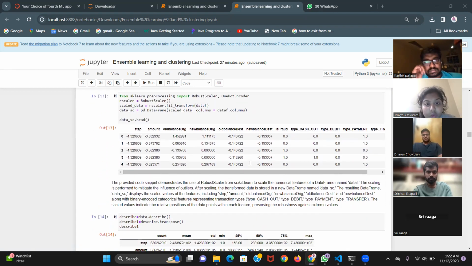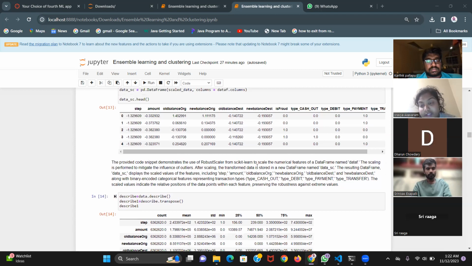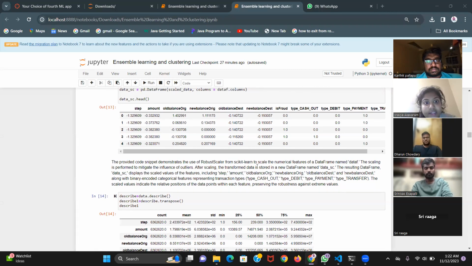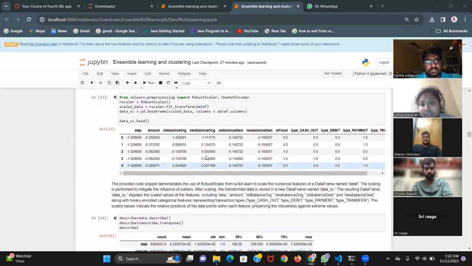The provided code demonstrates the use of RobustScaler from scikit-learn to scale the numerical features of a data frame named data F. The scaling is performed to reduce the influence of the outliers. After scaling, the transformed data is stored in a new data frame, which is data SC.